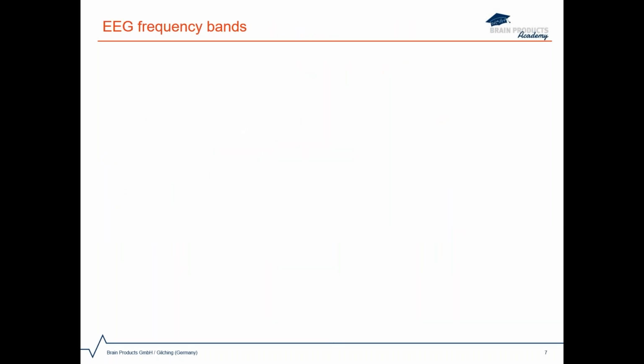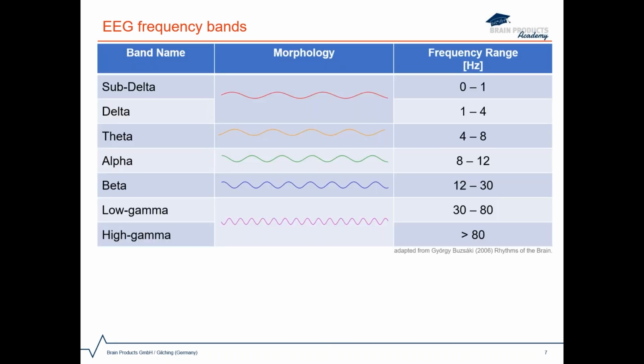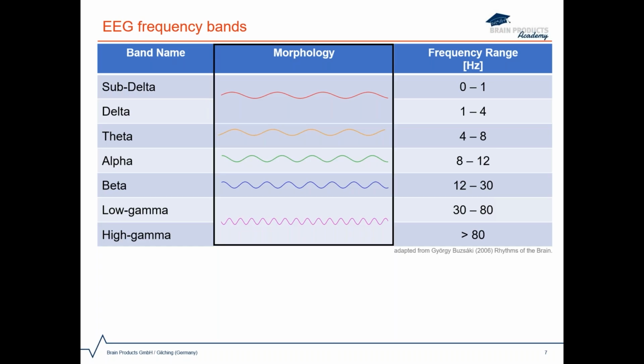The rhythmic oscillatory activity of an EEG signal can be categorized into different frequency bands. In EEG research, there's a nomenclature of frequency bands which is summarized in this table, from the lowest delta to the highest gamma frequency, or from the slowest to the fastest wave when observed from the morphology perspective.